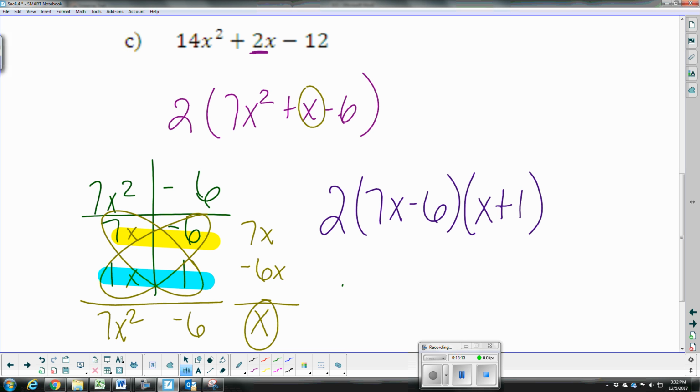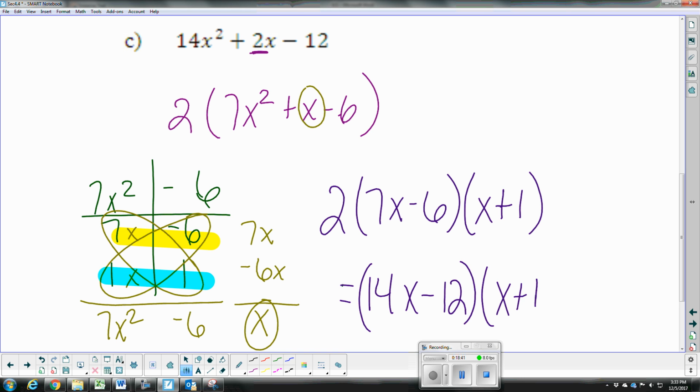Alright, so now again, if we want to double check our answer, which you should, remember multiplication is commutative, so it doesn't matter which one you do first. I work from left to right, usually. So 2 times 7x is 14x. 2 times negative 6 is negative 12. So now I've got this times x plus 1.